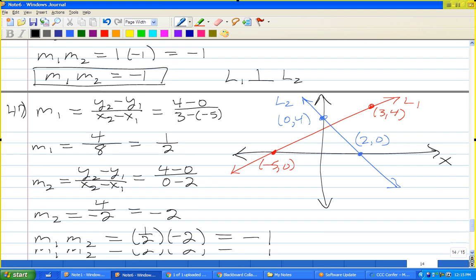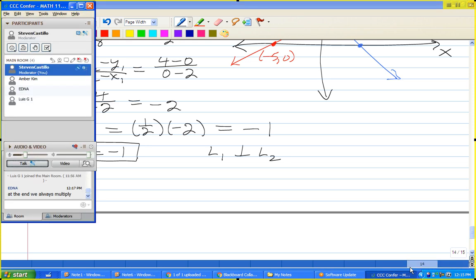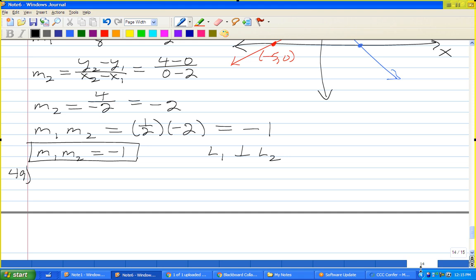Okay, 49. Actually, only because it told us to. So in the instructions, it said, use these points to find the slope and verify that the product of the slopes of perpendicular lines is negative 1. I actually usually don't.